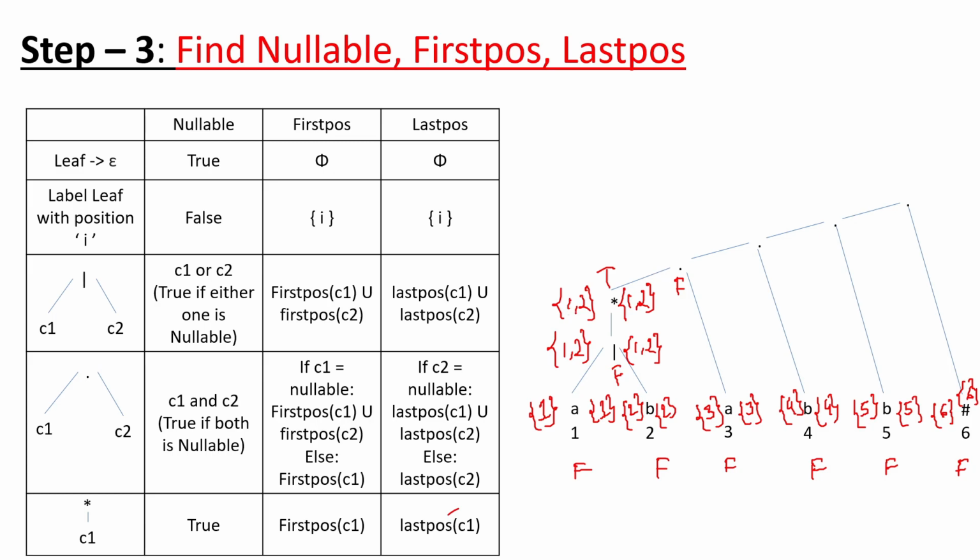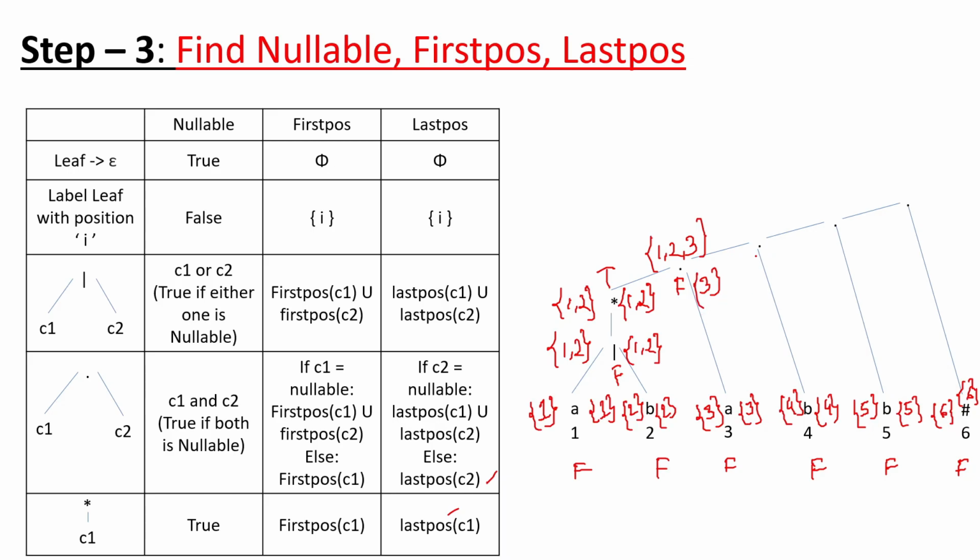First pos of child 1 is 1, 2 and first pos of second child is 3, so we union it: 1, 2, 3. This is the first pos. And for the last pos, the rule told us that if C2 is nullable, then last pos of child 1 and child 2 union. But our child 2 is not nullable, it is false, so the else condition will work. What is it? The last pos of second child, so only 3 will come here.